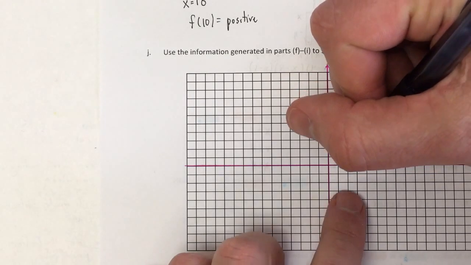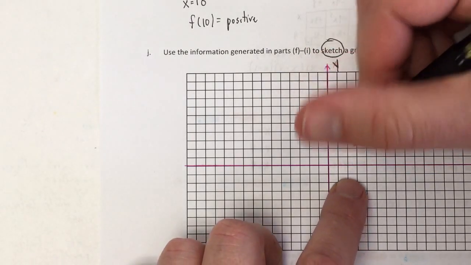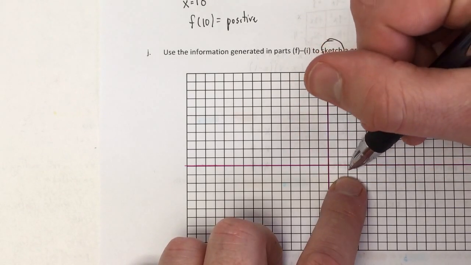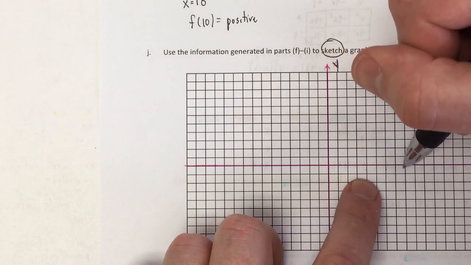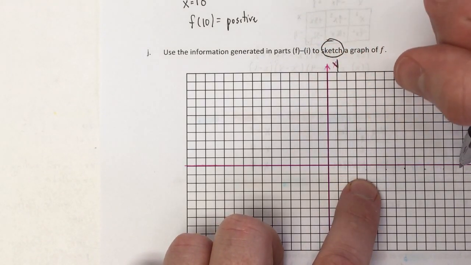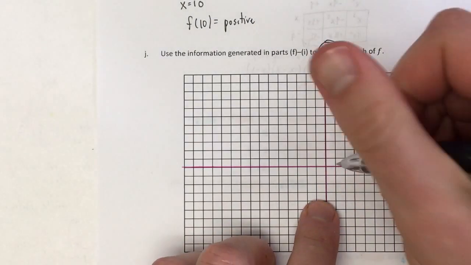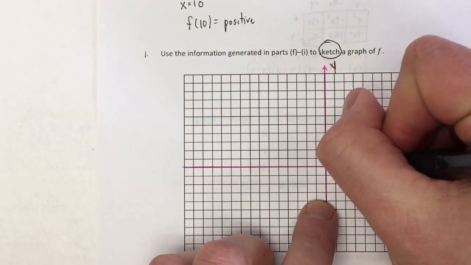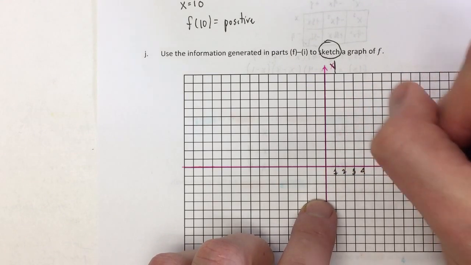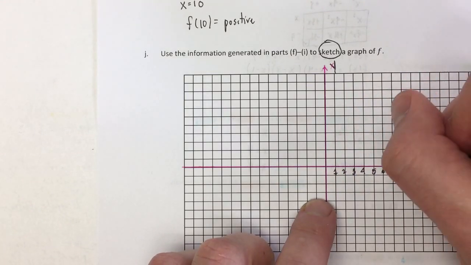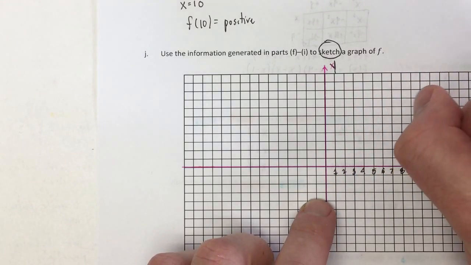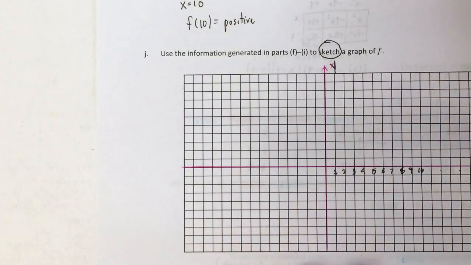You can skip count, but we should probably check to make sure it fits. 1, 2, 3, 4, 5, 6, 7, 8. So not really. We're just going to go 1, 2, 3, 4, 5, 6, 7, 8, 9, and 10.